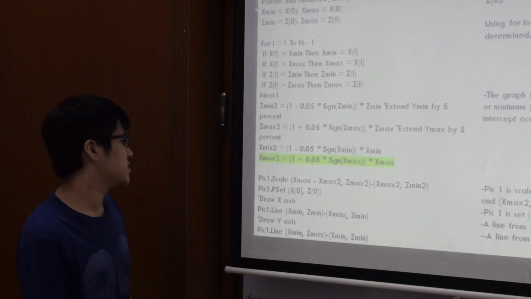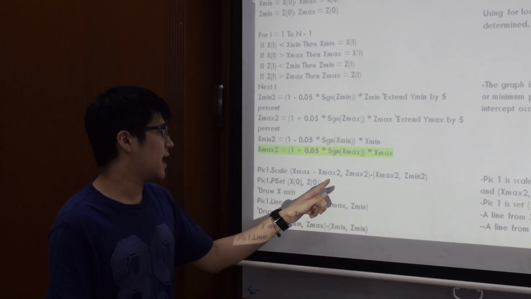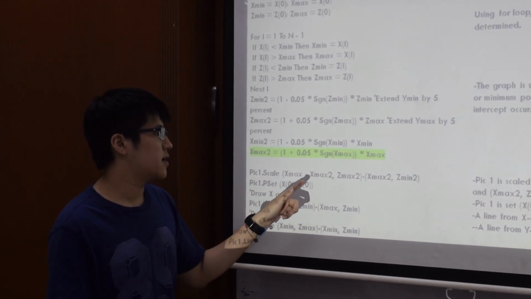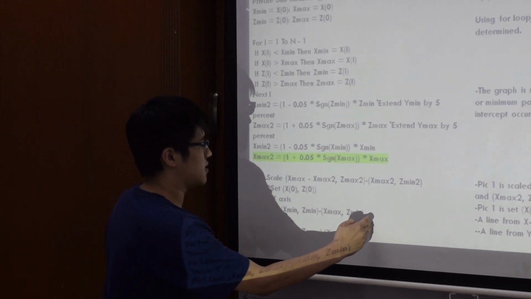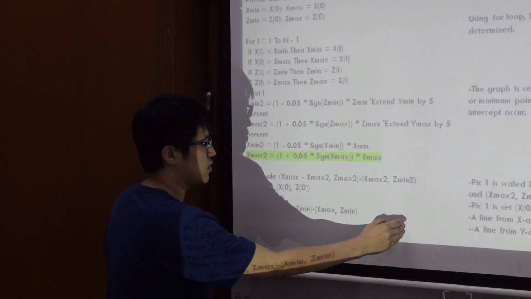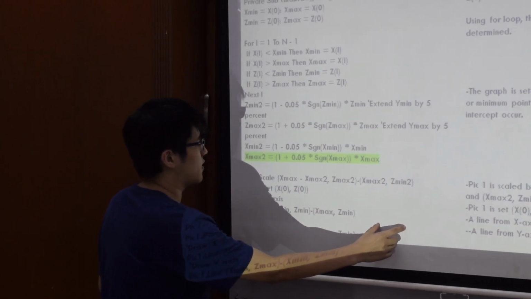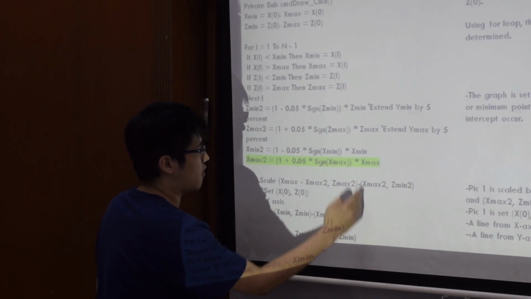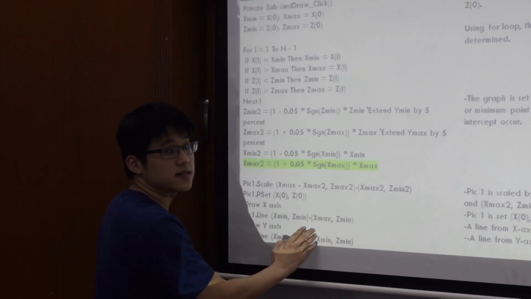We will talk about the scaling. We take the X max minus X max 2 to be the X axis, X point. That means we have X max and extend with the X max 2. So we use X max minus X max 2 to get the negative value of the X. So there will be the origin, and it will extend out from the left hand side.